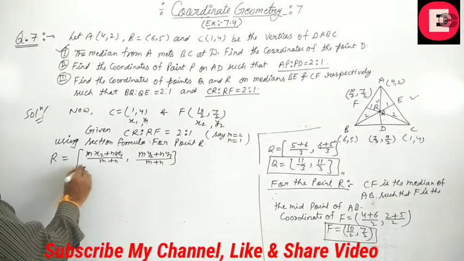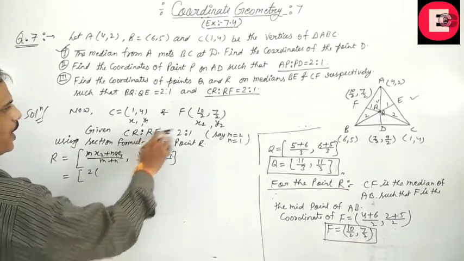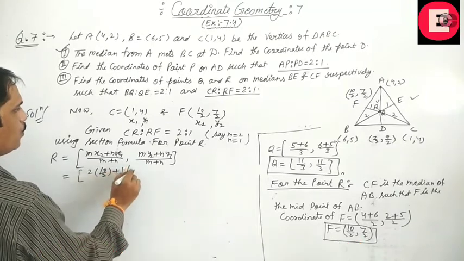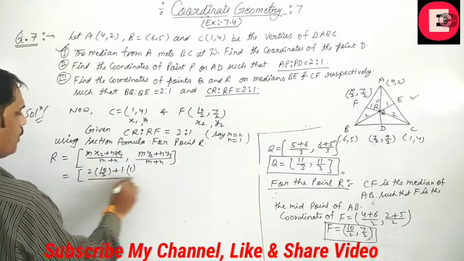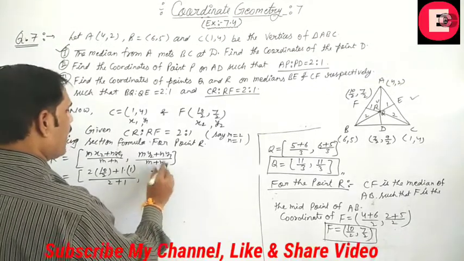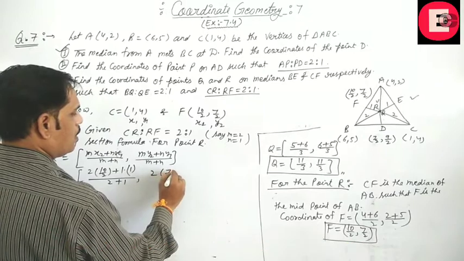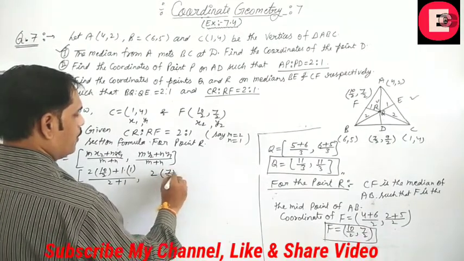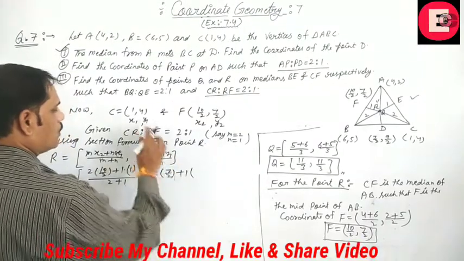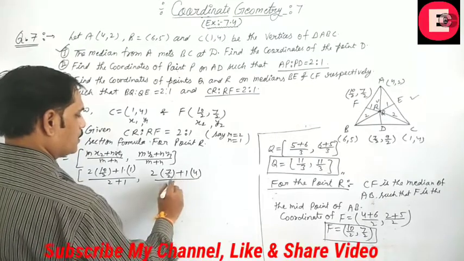Clear? So putting the value of m, which is equal to 2, and x2 is 10 upon 2, plus 1 into x1 which is 1, upon 2 plus 1, and m equal to 2 and y2 is 7 upon 2, plus n equal to 1 into y1 which is 4, upon 2 plus 1.